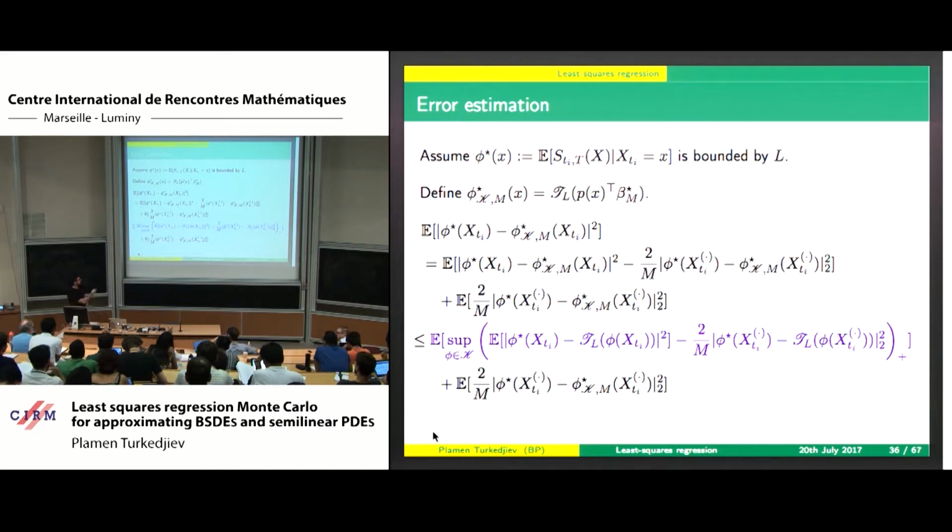So the first thing we're going to do is add and subtract, inside this outer expectation, the L2 error over all of the samples between the optimal function phi star and the function that we've computed.